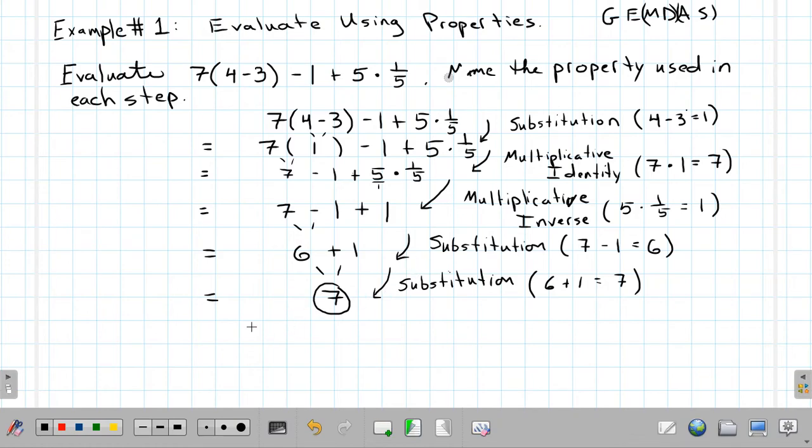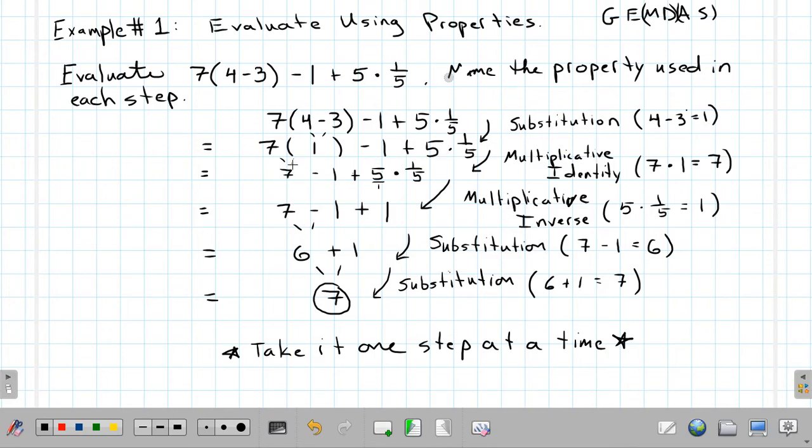Okay. And in this case, you got to make sure to take it one step at a time. Okay. So going through here, taking it one step at a time. Okay. Going from step to step. Like I said, every single step there's a property being used, and most of the time it is substitution.